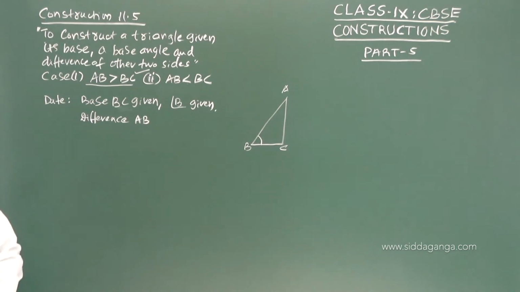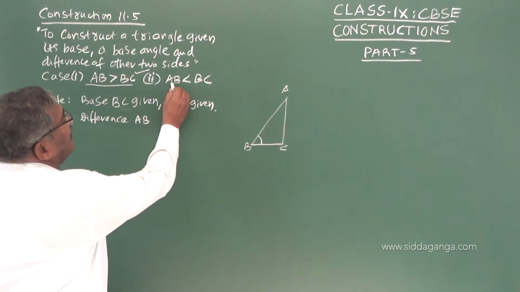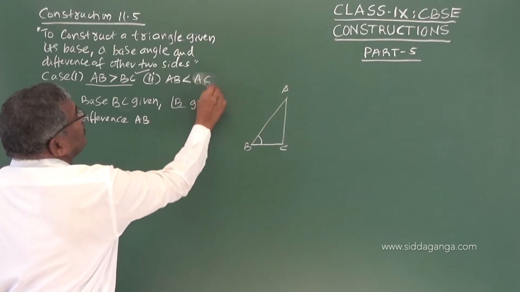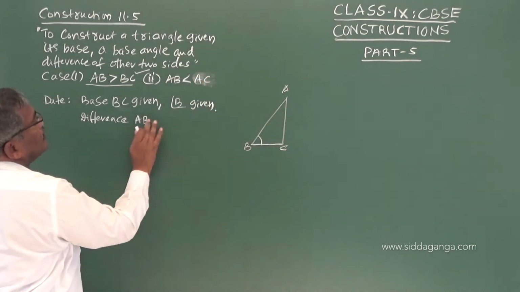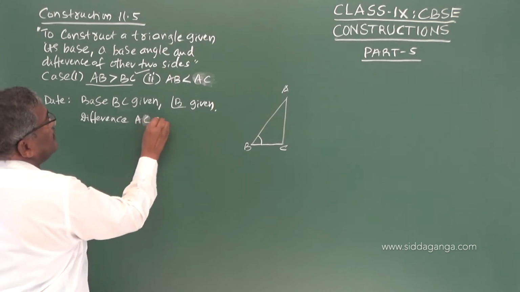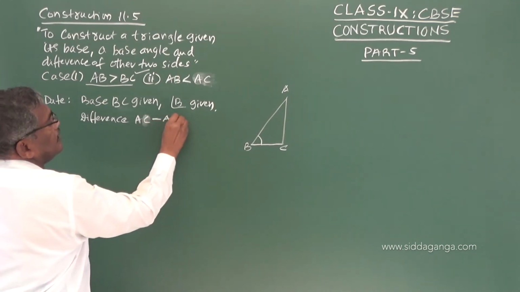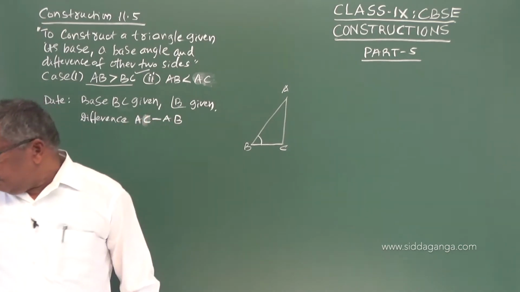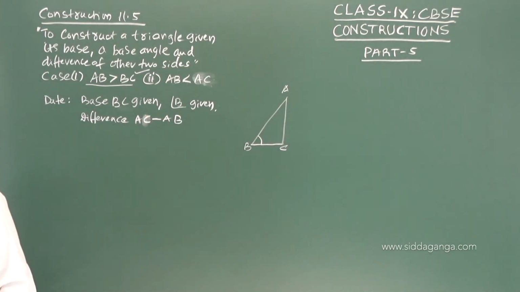In this case AB is less than AC, so AB is shorter and AC is the bigger one. Therefore AC minus AB is given in this case. These are the things.